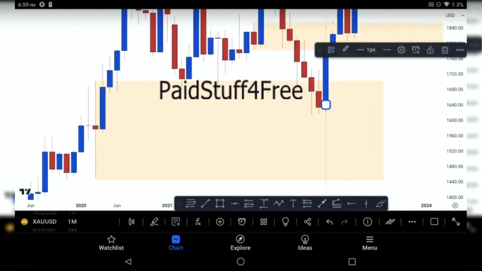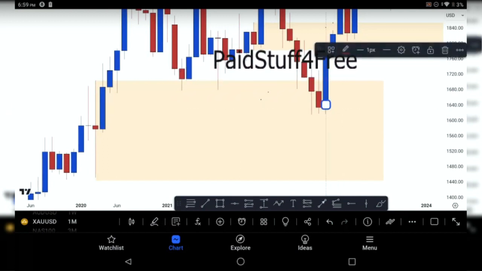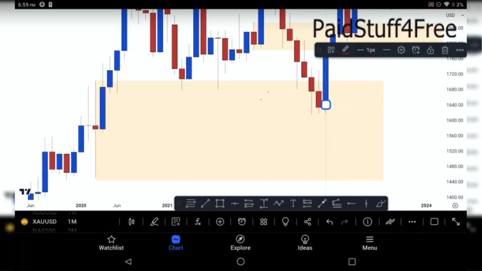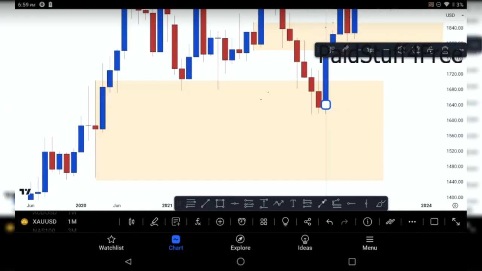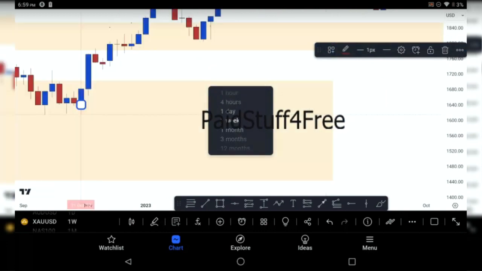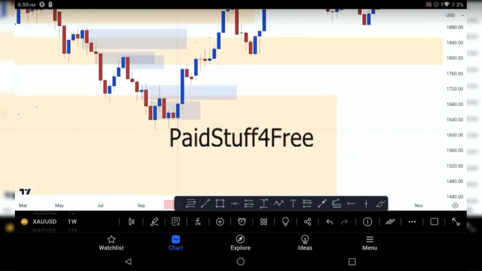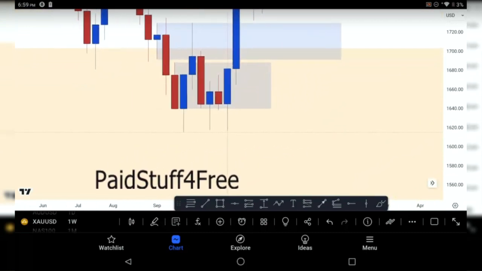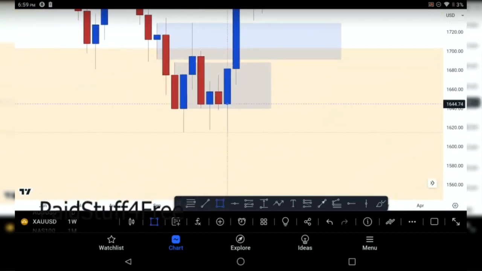So now I have to place it on this blue line. Anything to the left is when this red candle closed, and anything to the right is the beginning of this buy candle. Now as I'm going down to my weekly time frame, this is how that monthly candlestick closed.